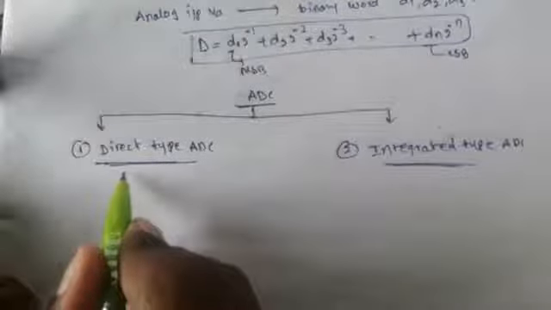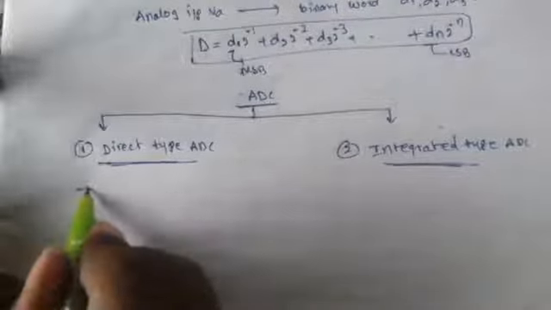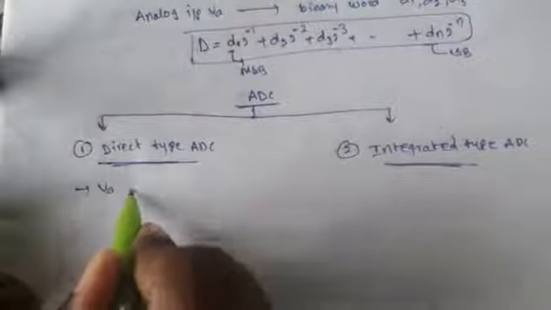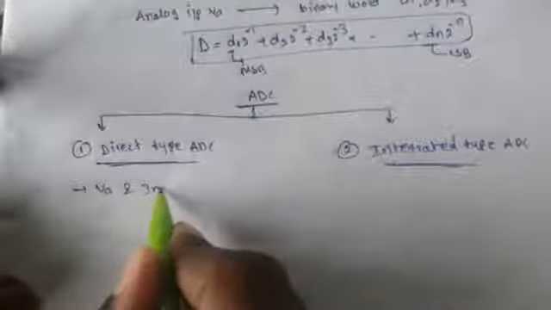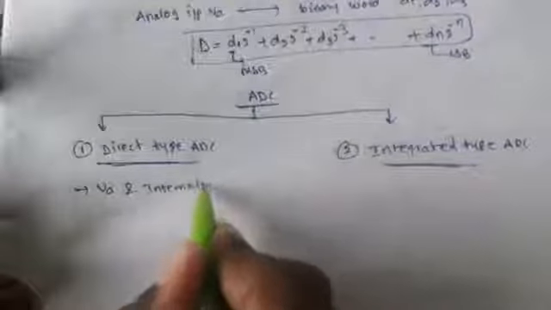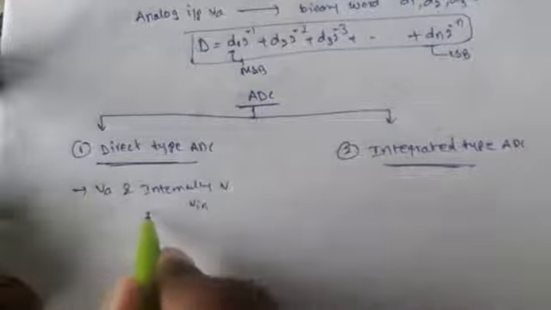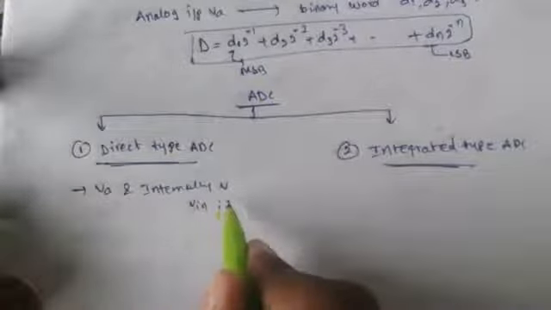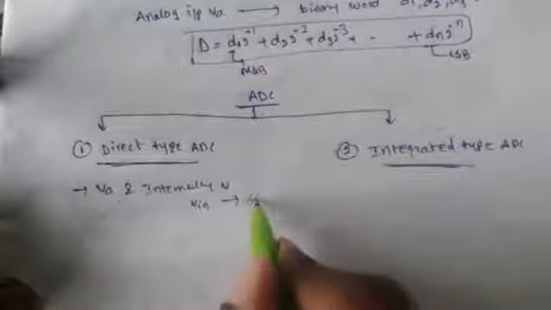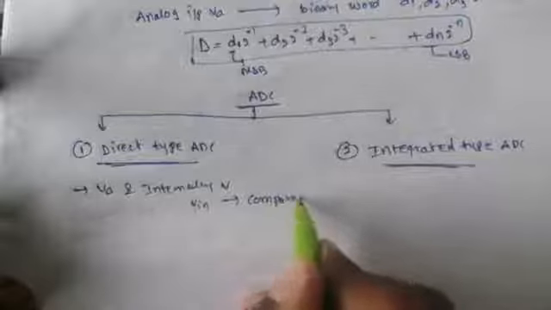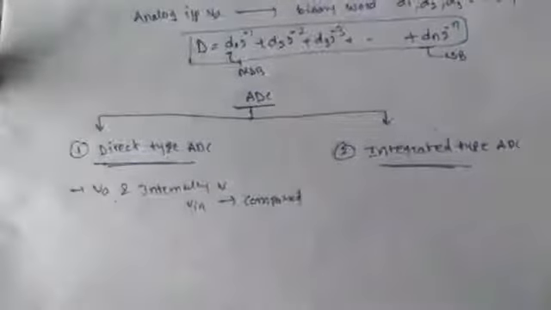In direct type ADCs, the analog input voltage VA and an internally generated voltage will be compared at a comparator operational amplifier.